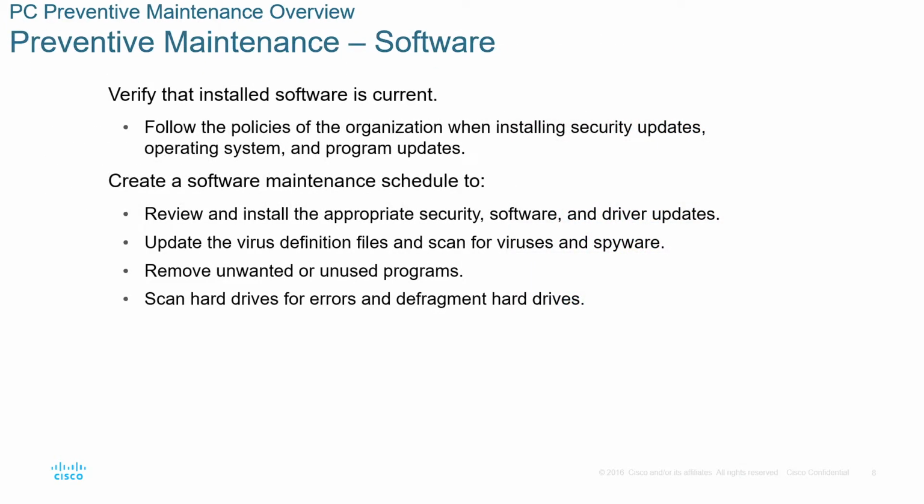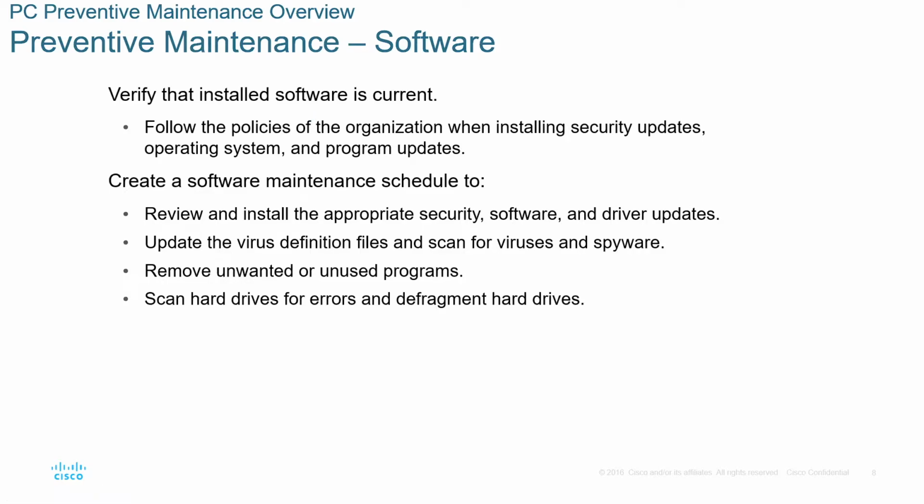Now let's talk about the software side. So far, we always talked about the hardware and how we can clean the components on both outside and inside parts. But there's also the software part of preventive maintenance, and for that we need to verify that our computer components have the latest software and the current versions of the operating system as well.